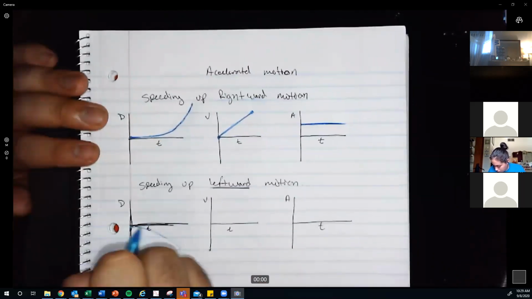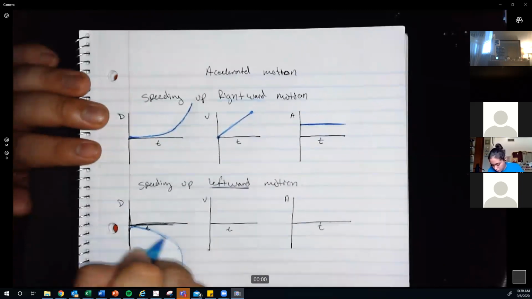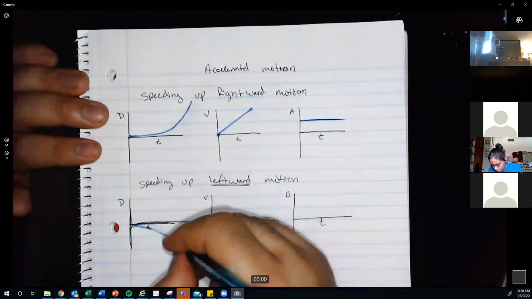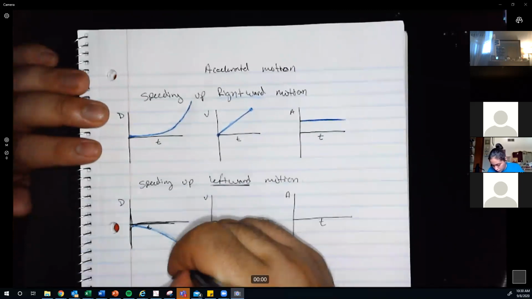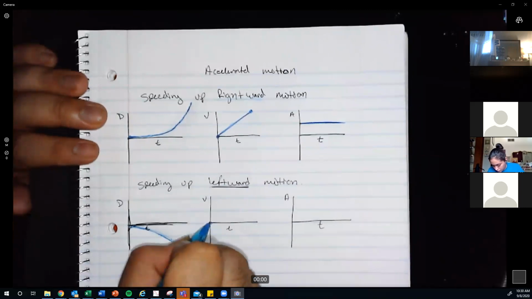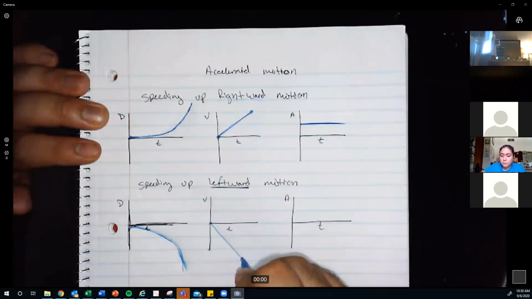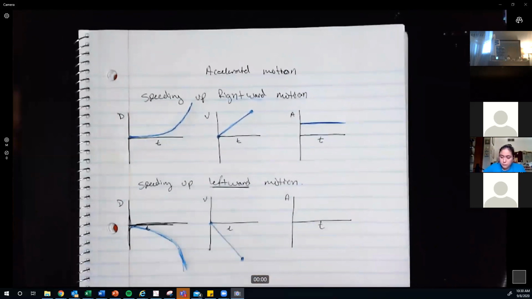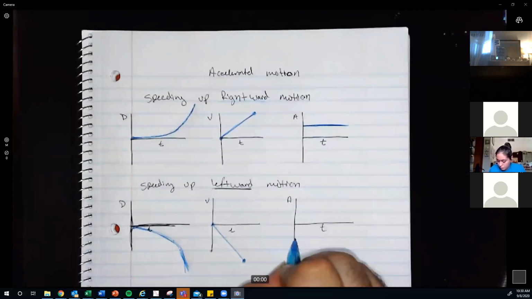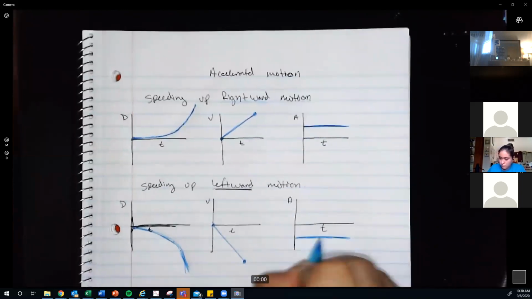And the reason why it's doing that is because it's moving left. Now the velocity, it's still speeding up, meaning it's going to get further from that origin, but you're going to have this negative slope. And the last thing is your acceleration will be negative.